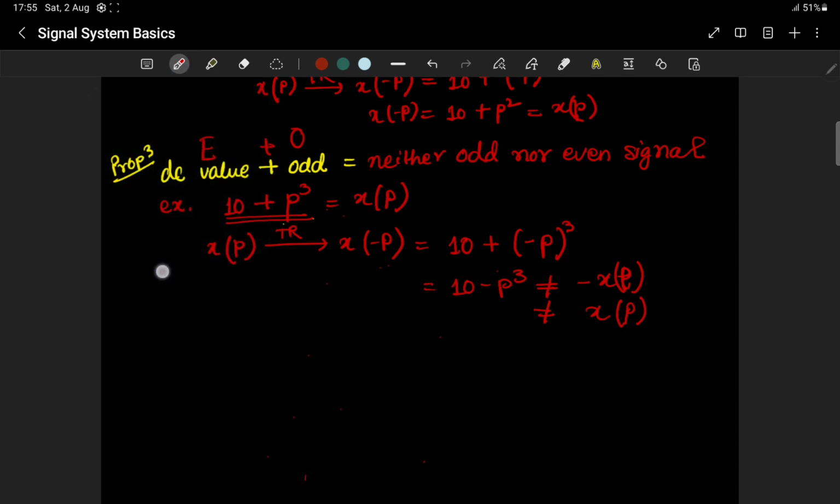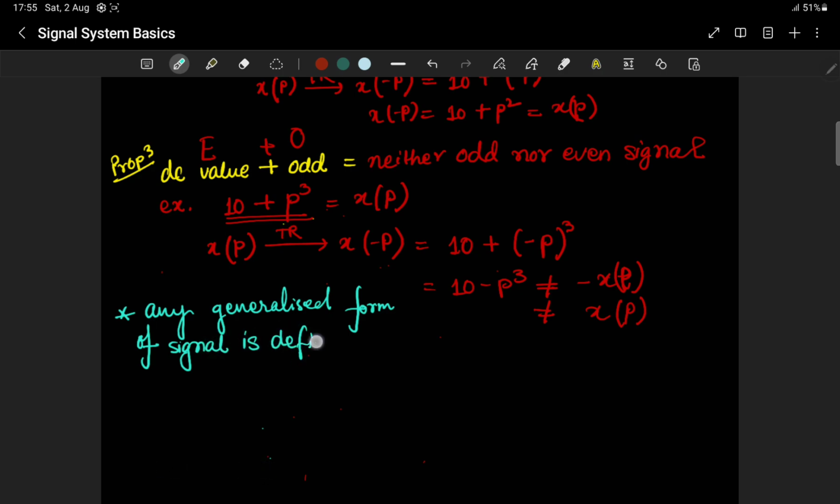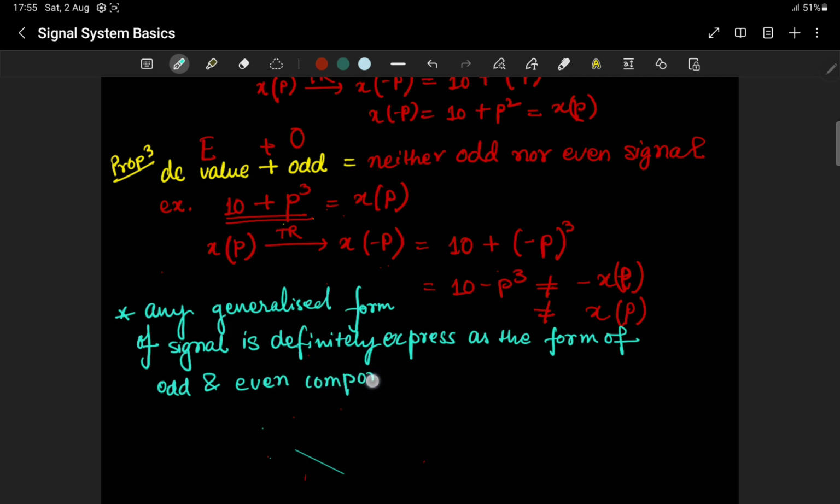So please, I would request you all to write another point along with me, which is: any generalized form of signal is definitely expressed as the form of odd and even components, which is proven over here, right? This is the normal generalized proof.